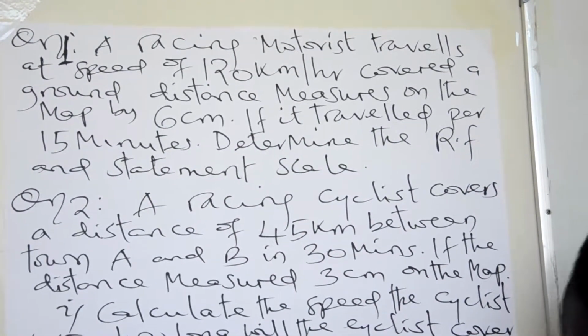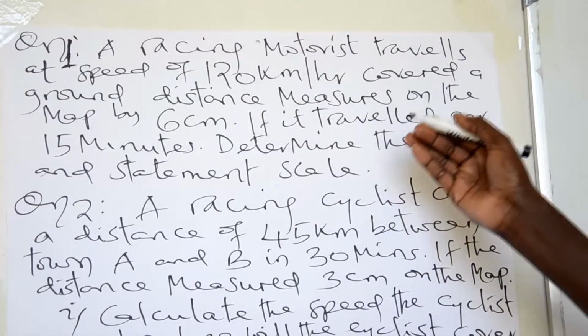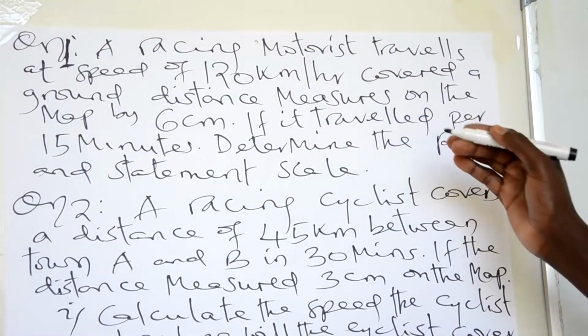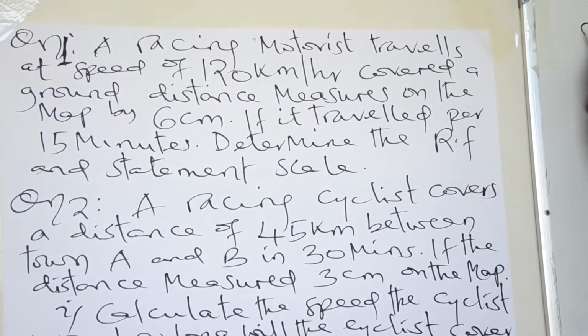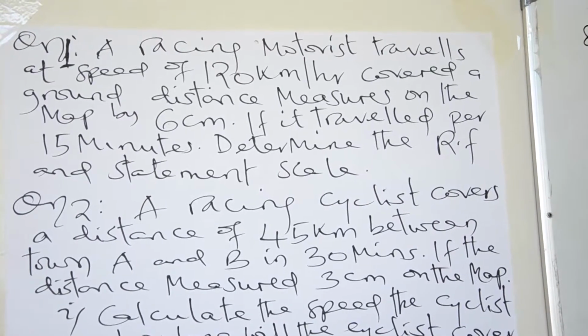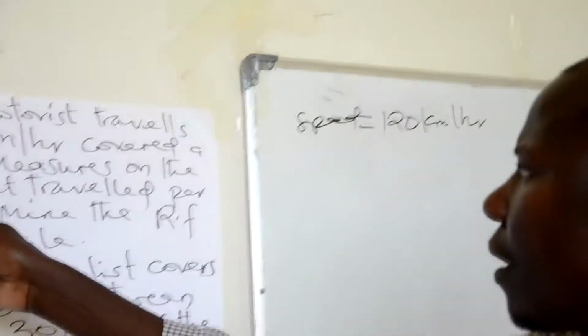Therefore, here you have to analyze the terms. For instance, the speed is 120 km per hour, but the ground distance measured on the map.